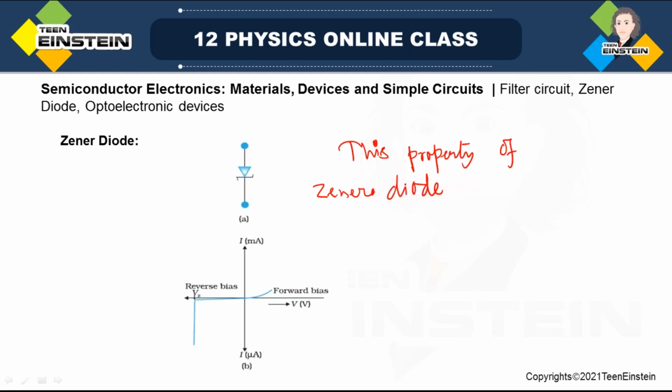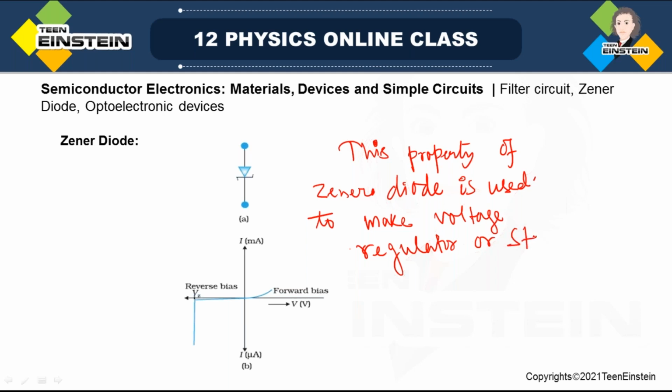This property of the Zener diode is used to make a voltage regulator or stabilizer. Regulator or stabilizer. You must be very much familiar with this word, stabilizer.